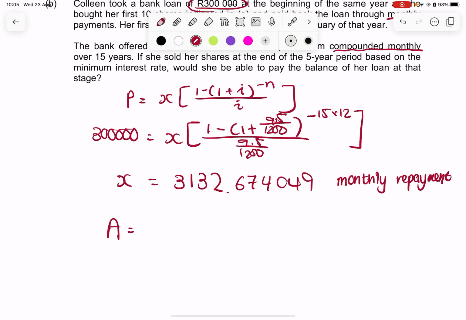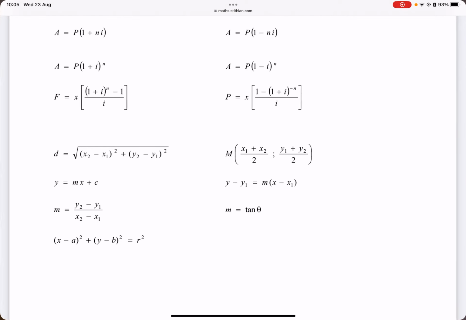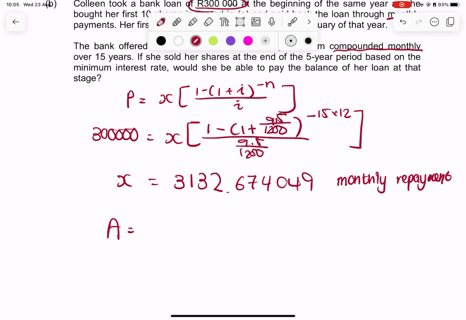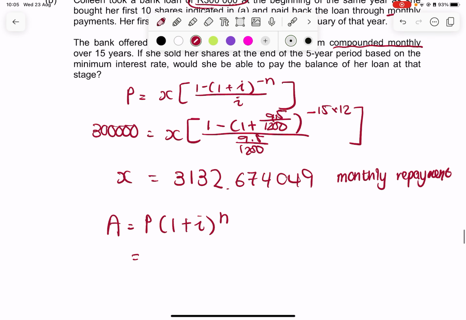So A equals P, where P here is 300,000, and that is how much we want to look at, how much she would have owed at the 5 years.